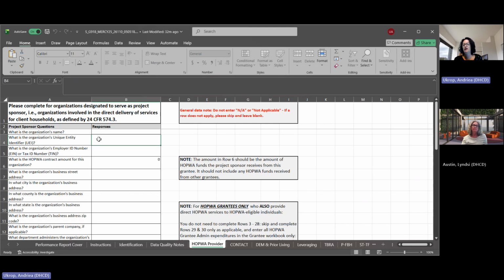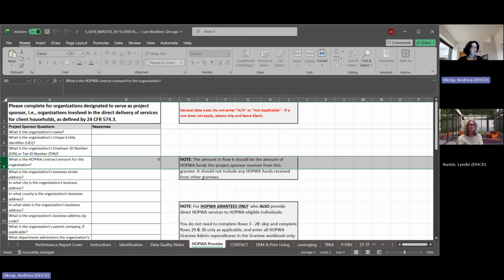You can take that from last year's workbook, or that's also something you can find in CAMS, just as an FYI. Here for row 6, you are wanting to provide information from the last completed contract between July 1, 2025 and June 30th, 2026.